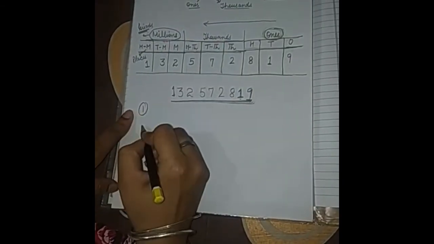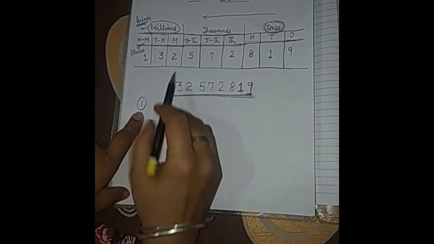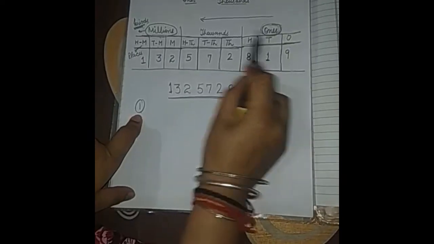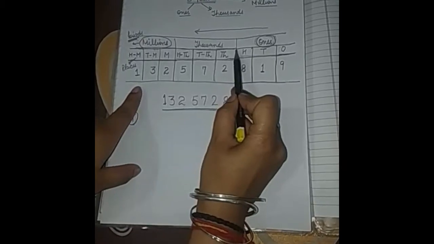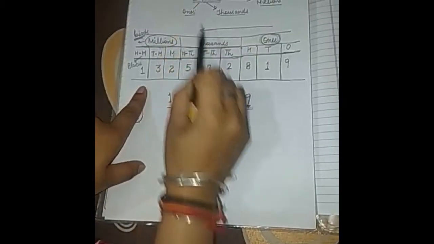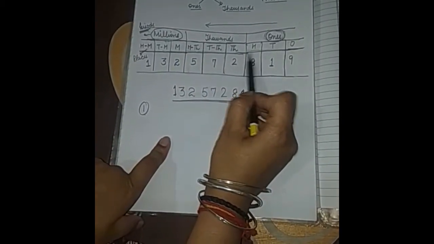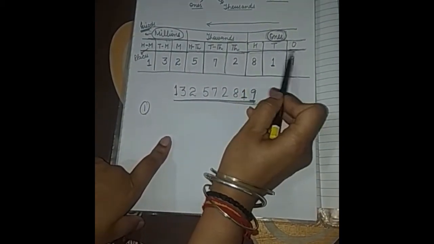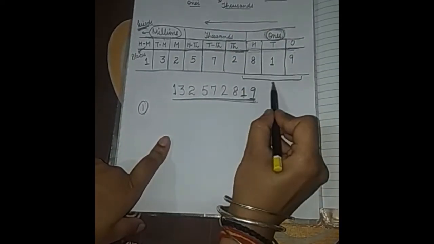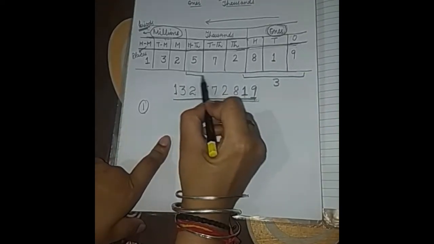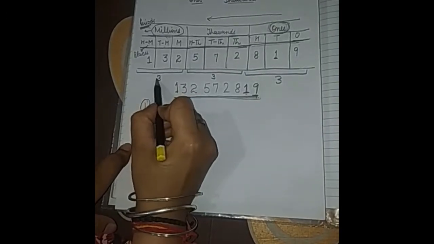So we have three rules for this system also. The first rule is to separate the periods with commas. It is already separated, as we have drawn the periods on the place value chart. In the international system there are three periods, and each is further divided into three parts: the ones period, the thousands period, and the millions period.